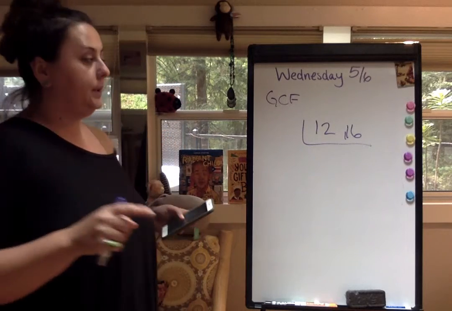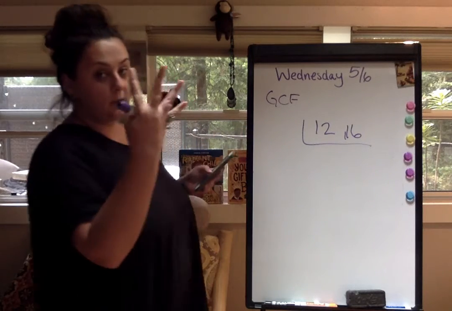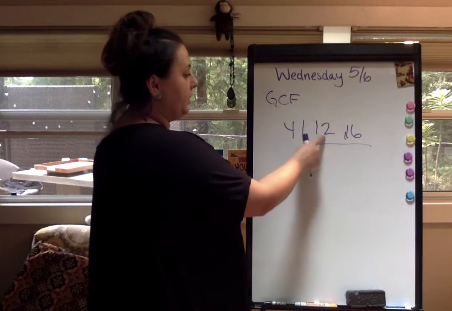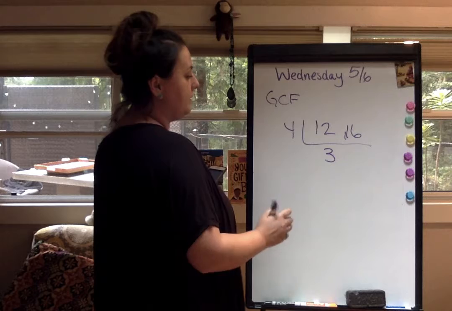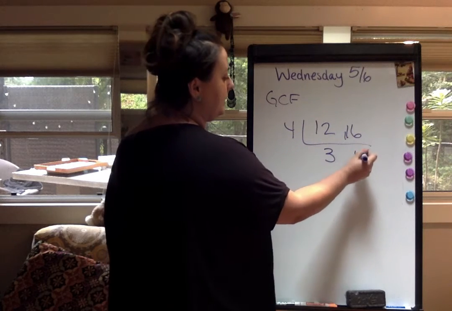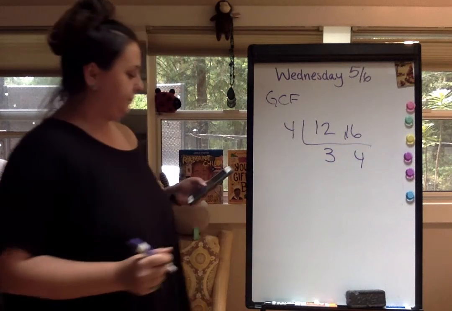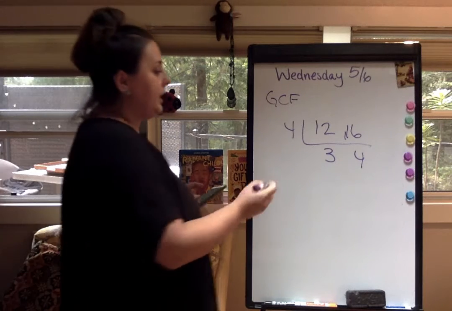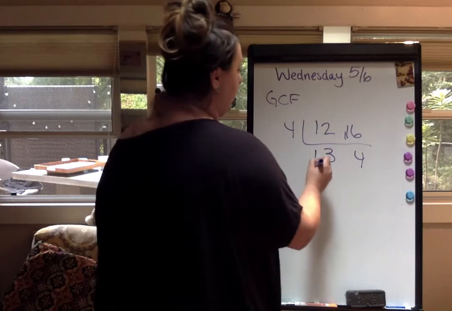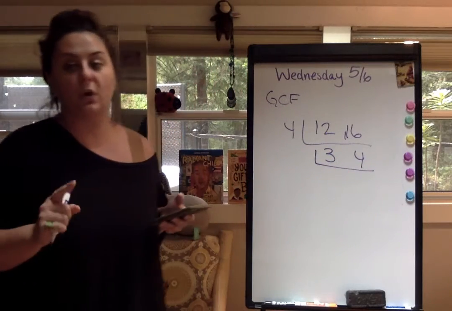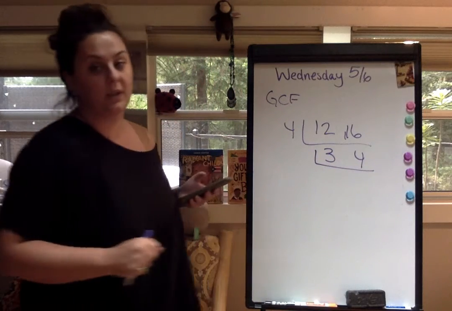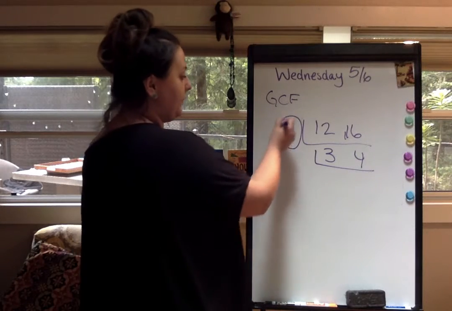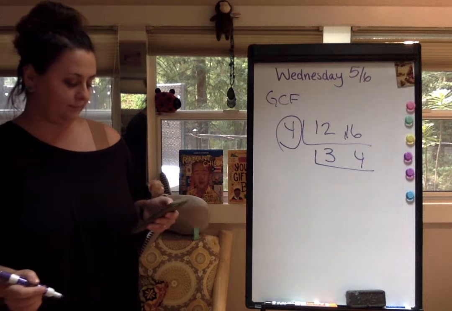Well, I know that 4 will go into both of those. 4 goes into 12 3 times, and 4 goes into 16 4 times. So, is there anything else that we can get to go into both of these? No. That means your greatest common factor is 4.